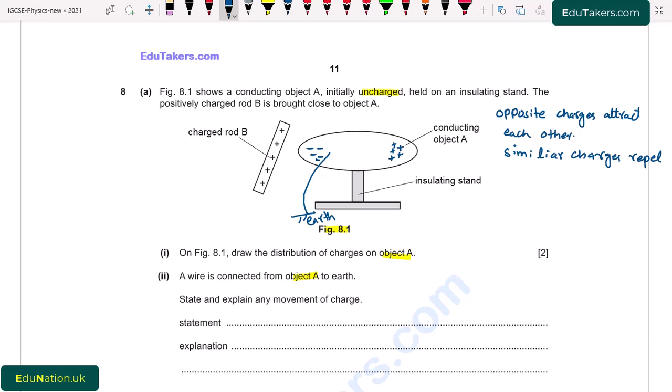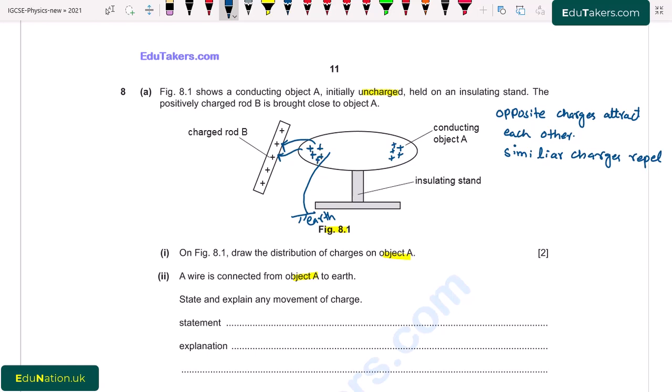First of all, when the charged rod B is brought near the conducting object A, the negative charges of object A will be attracted towards the positive charges of rod B. That's why these negative charges move towards this rod, and on this place there will appear positive charge, because it lost electrons.